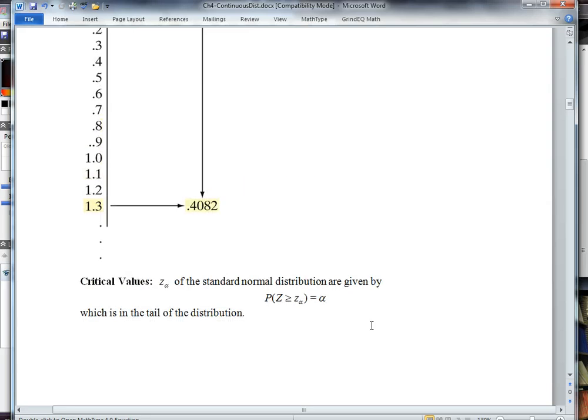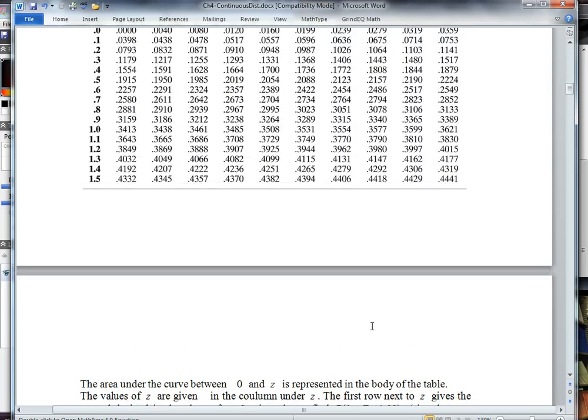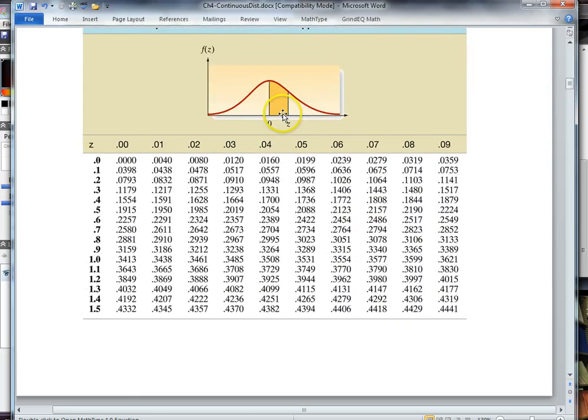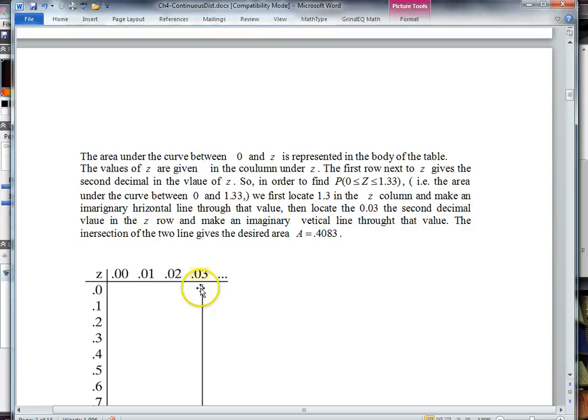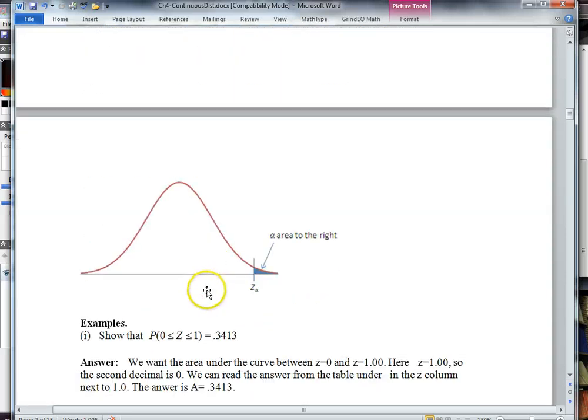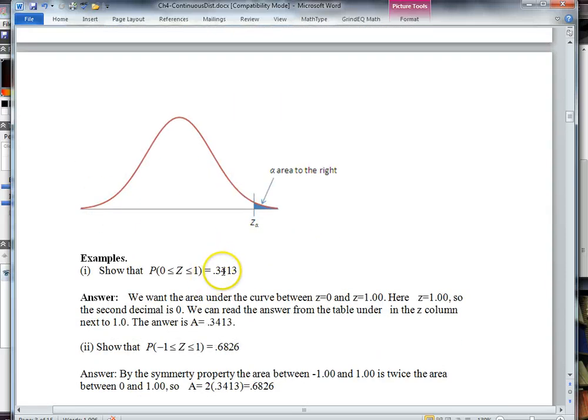I'm going to be referring back to this table quite often now. Between 0 and 1, I go 1.0, and my second decimal is 0. And here is my answer, 0.3413. That's how I read this probability from the table.